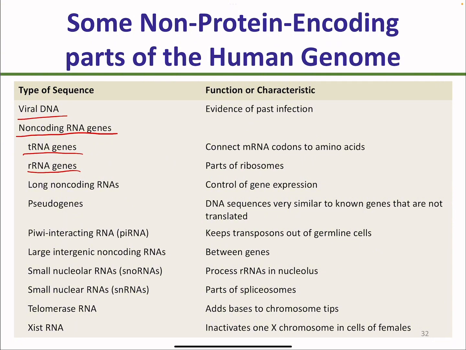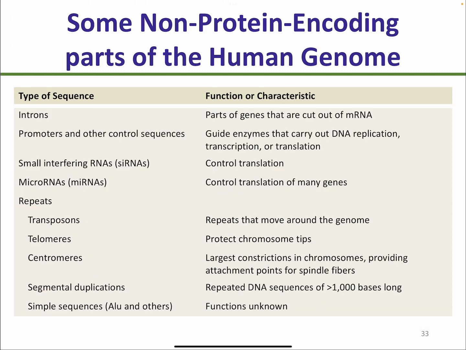There is one thing I want to show you, the pseudogenes right here that look like genes but are not actually. You have the long non-coding RNA that controls gene expression, and so on. You have a bunch of different parts of the genome that do not account for proteins.